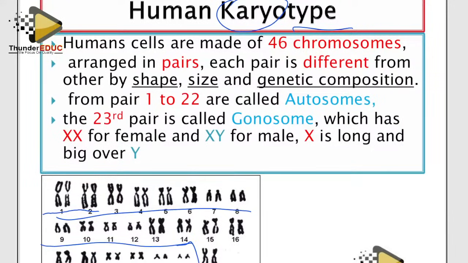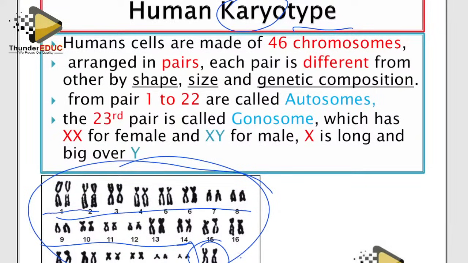We call them autosomes. The 23rd pair, we call gonosomes. The 23rd pair has X and Y. If it's X and X, it is a female. If it's X and Y, it is a male, and Y is shorter than X, or X is longer than Y. So you just describe what is happening there. Is it clear?